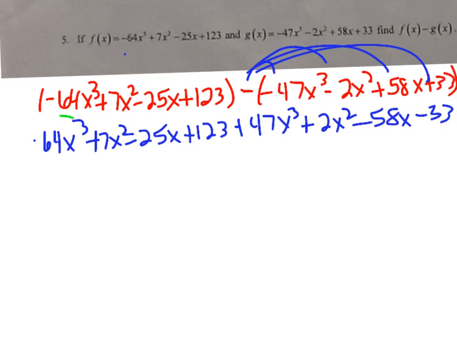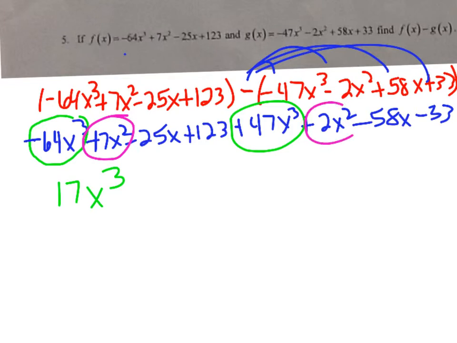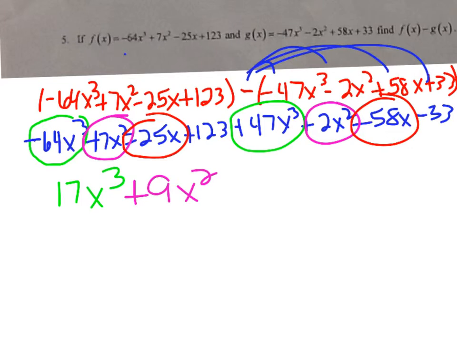All right, so I have negative 64x to the third. There's a negative in there. And I'm going to combine that with positive 47x to the third. That's negative 17x to the third. Sorry, it should be negative 17. And then I have 7x squared plus 2x squared. That's positive 9x squared. And then we're going to do negative 25x, and negative 58x is negative 83x.